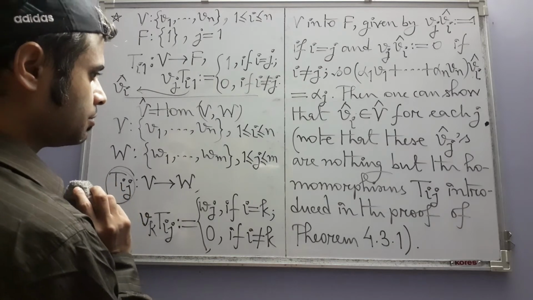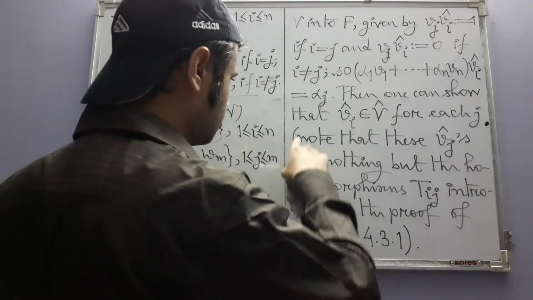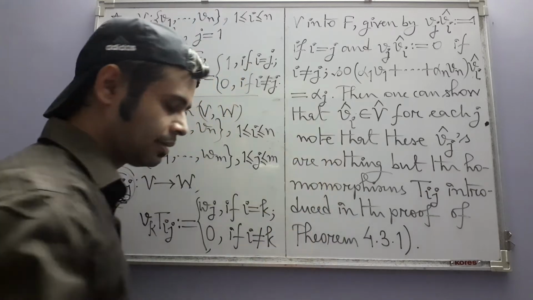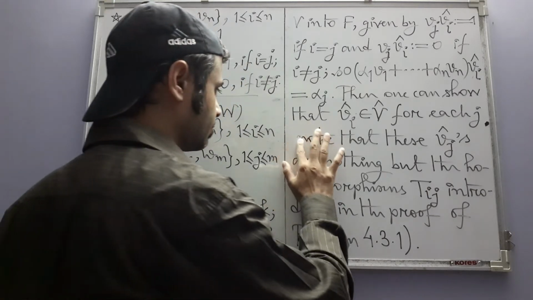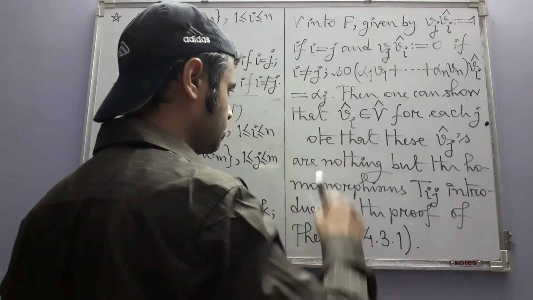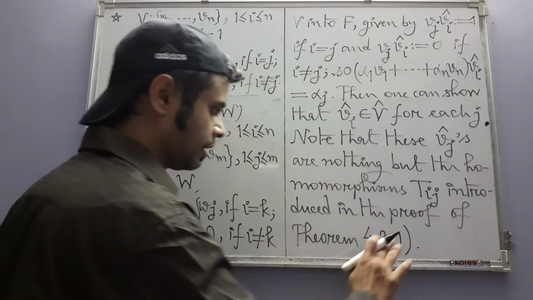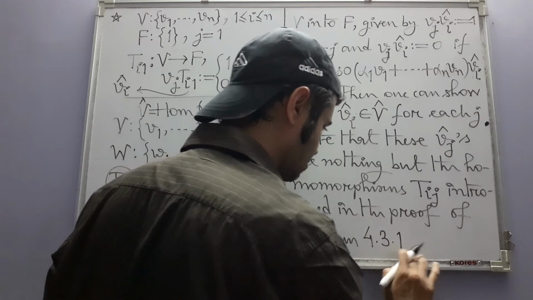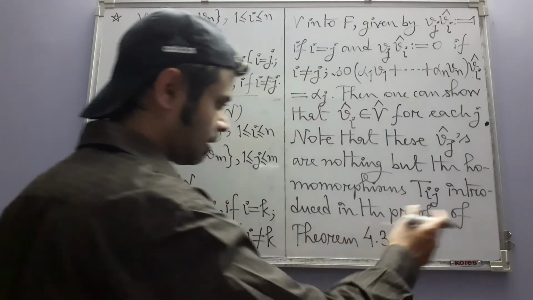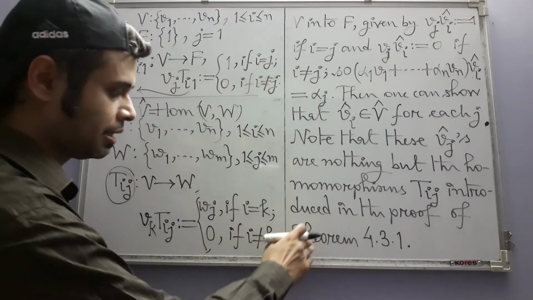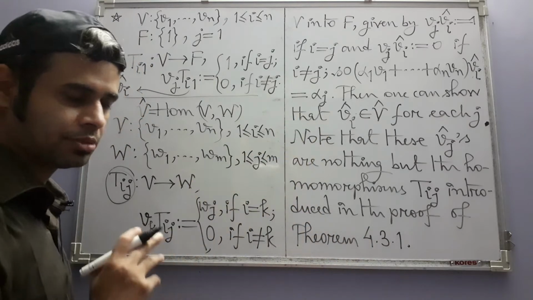Okay, so there is in fact, I can just simply make it an actual part of the entire discussion. Why put it within brackets? Because anyhow I have to now say that by theorem 431 they form a basis.